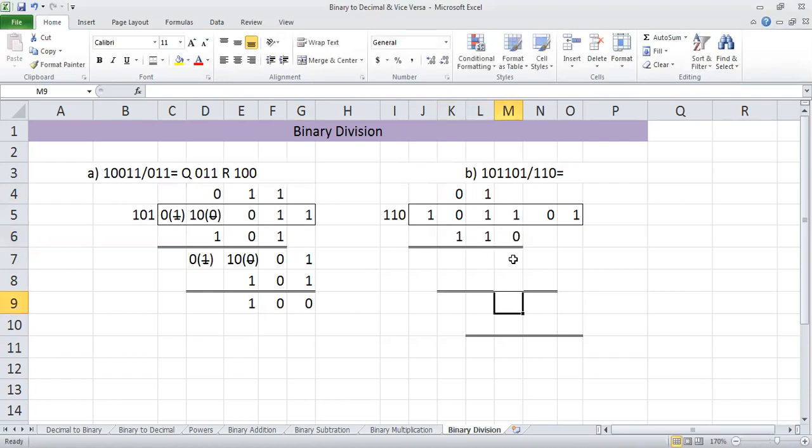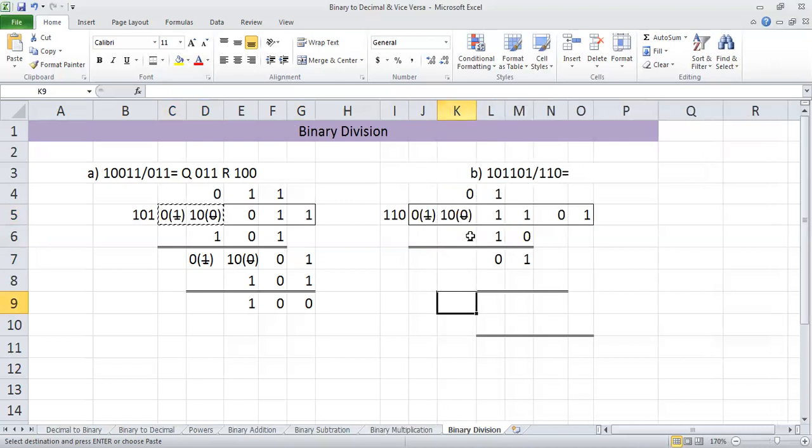Now do the subtraction. 1 minus 0 is 1. 1 minus 1 is 0. 0 minus 1 is not possible. So again, it will take a borrow and follow the same rule. It will become 10 and the next number will become 0. Now 10 minus 1 is 1.